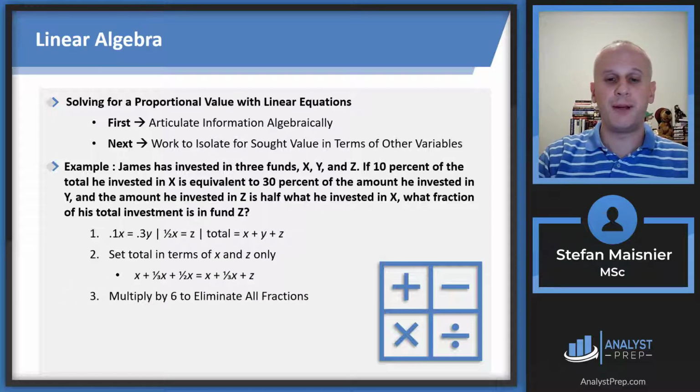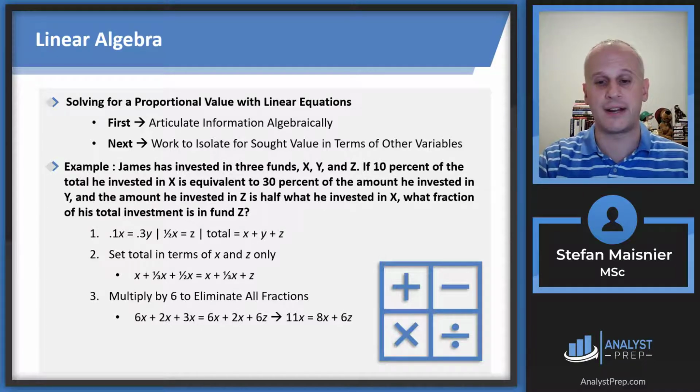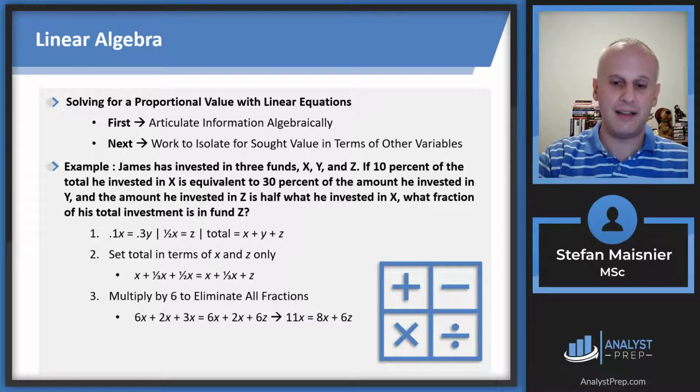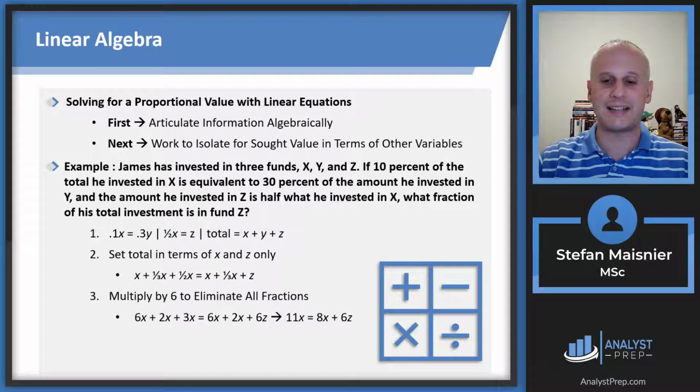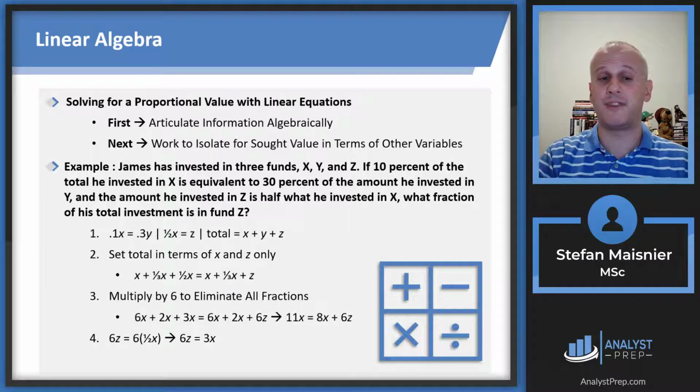So then we multiply by 6 to eliminate all of our fractions. So now we have 6x plus 2x plus 3x on the left-hand side is equal to 6x plus 2x plus 6z on the right-hand side. So we've got 11x is equal to 8x plus 6z. Now we have to convert our 6z back into an x to figure out what fraction that 6z is out of the 11x that's now known as our total.